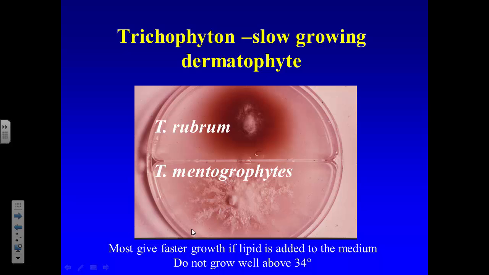We make them grow a little bit faster by adding a little bit of olive oil to our media. Now, if you saw 60 Minutes last night, I don't know if it's extra virgin olive oil that you have to add. It's just lipid. Most importantly, none of these genera grow well, or really grow at all, above 34 degrees, which is good because why?